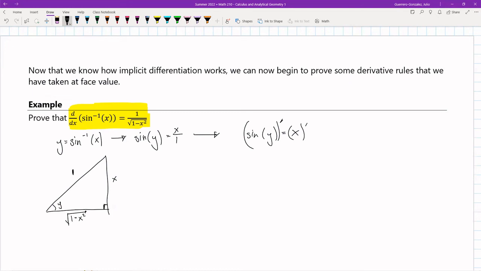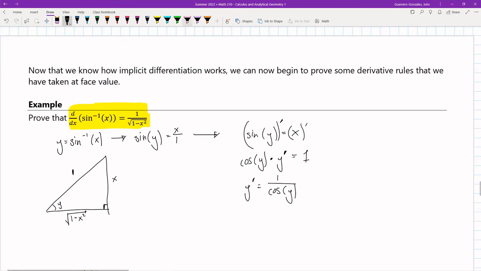If you remember how to take the derivative of trig functions, the derivative of sine is cosine of y. Since we're doing chain rule, this is times y prime for the implicit differentiation, is equal to the derivative of x, which is 1. So then I'm going to separate y prime out. y prime is equal to 1 over cosine of y.